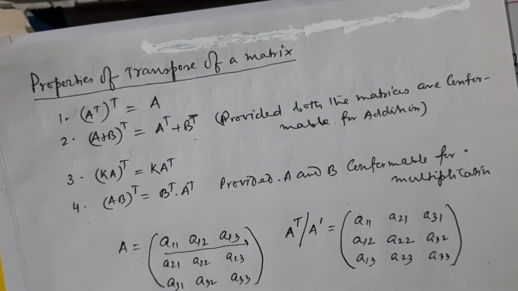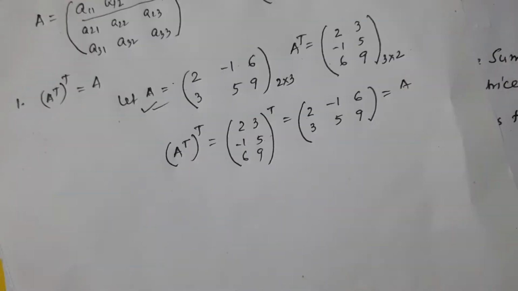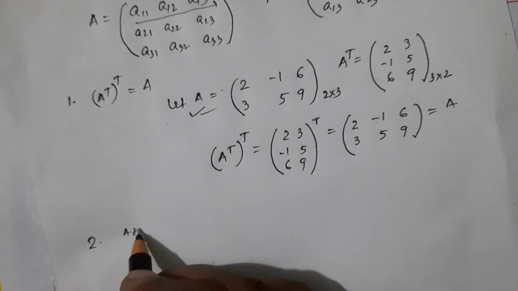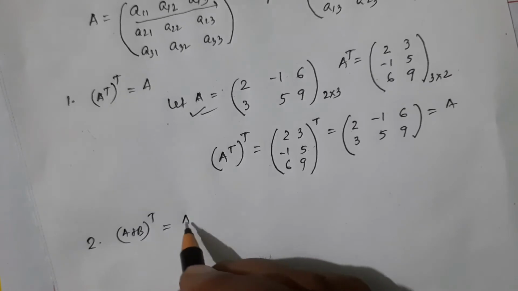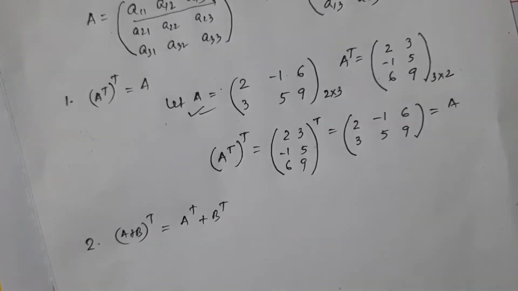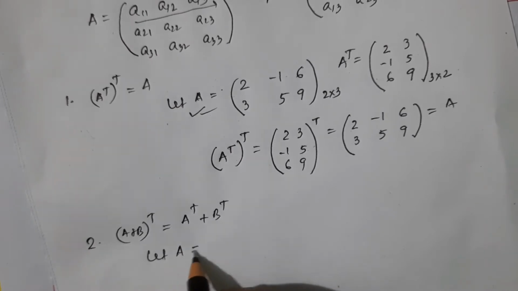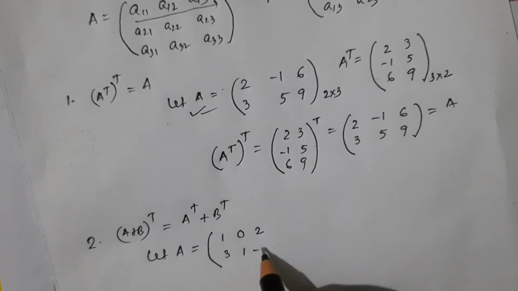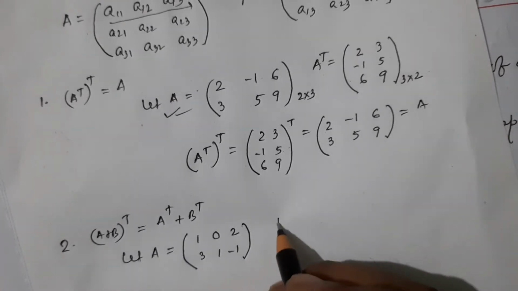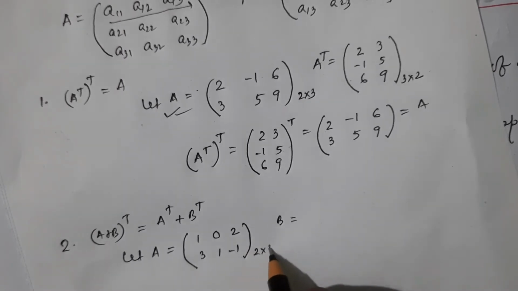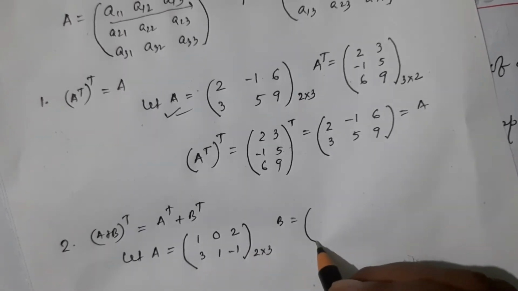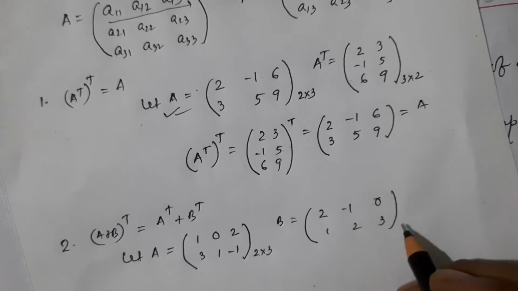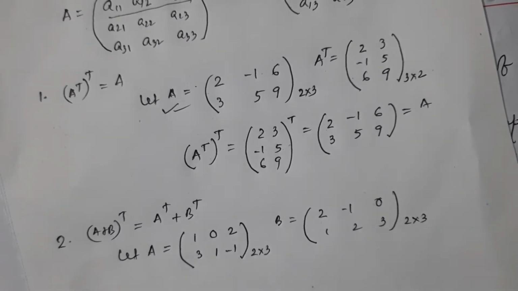Let us consider A is a matrix 1, 0, 2, 3, 1, minus 1, a matrix of 2 cross 3. And B is another matrix, 2, minus 1, 0, 1, 2, 3. This is also a 2 cross 3 matrix.